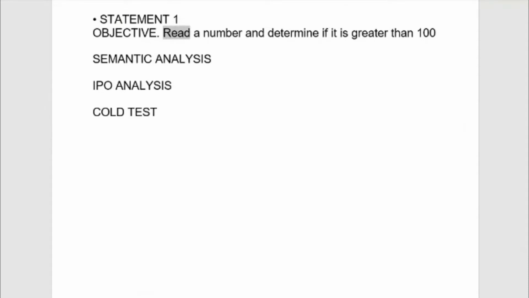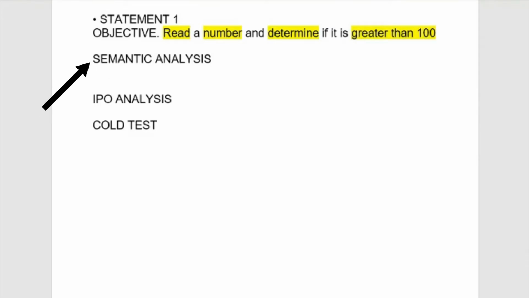Then, what is a number? What is determine in the terms of computer programming? And what is greater than 100? Okay, this is the semantic analysis.